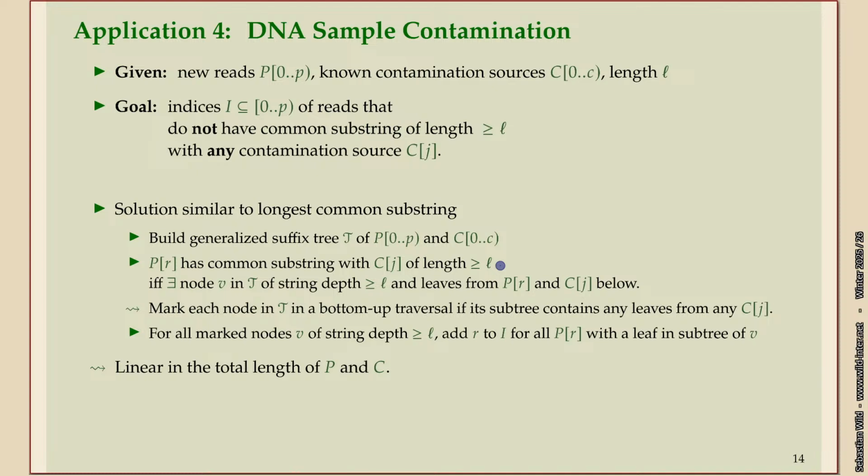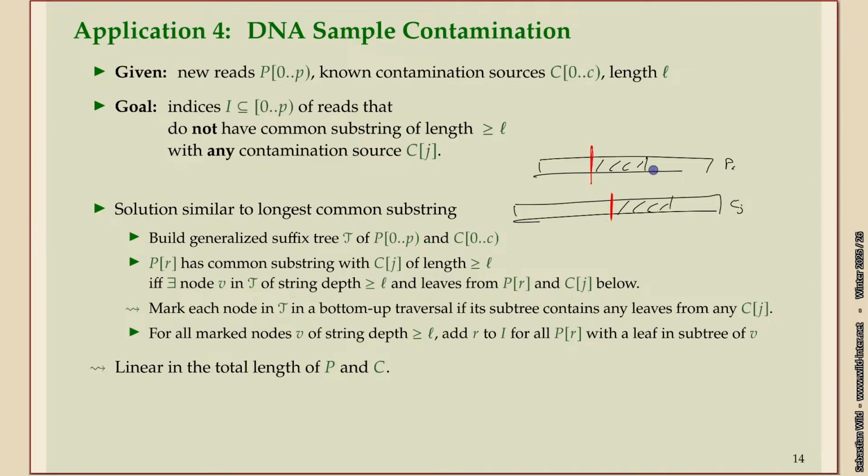Well, exactly if, think about it, if this is our P_R and here's our contaminant, C_J, there must be, if there's a shared substring, we don't know where it starts. But this means there's a suffix starting here and a suffix starting here of the two sequences that share a common path in the suffix tree.